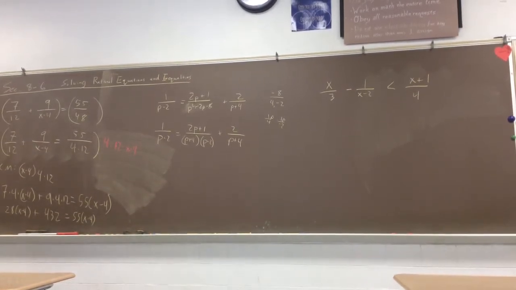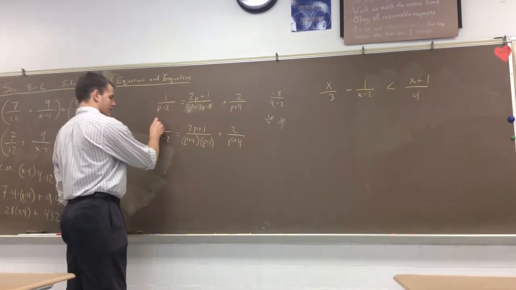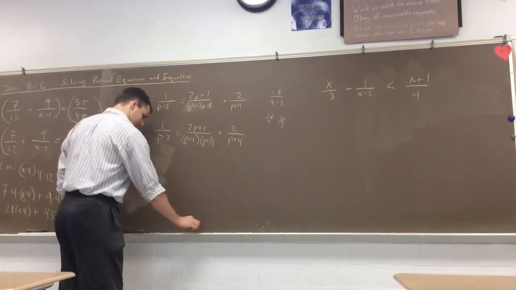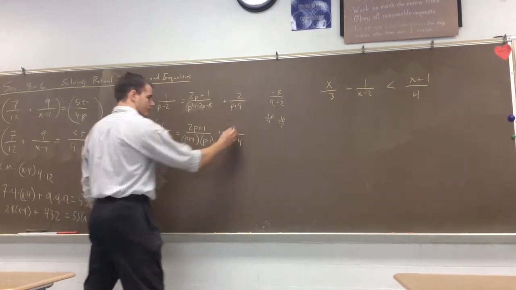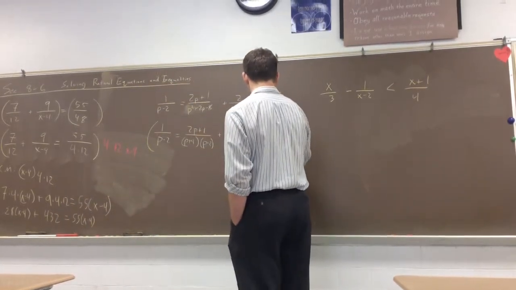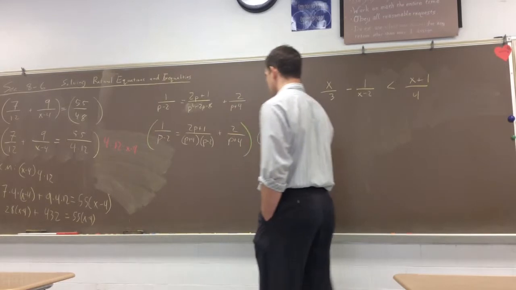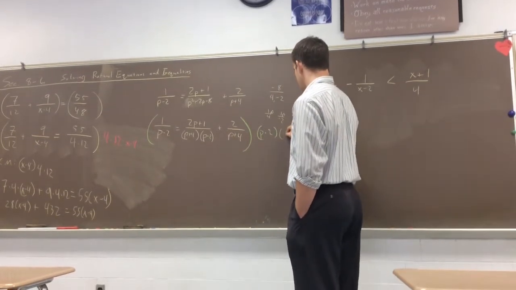So, what do I need to multiply everything by? Multiply everything by p minus 2 and p plus 4.